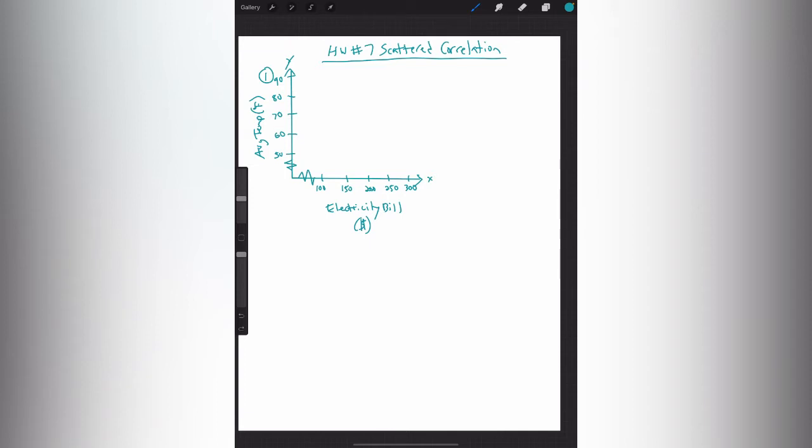So let's see here. The average temperature in January was 61 degrees. So I'm going to go up to 61, and then I'm going to go to the right to 150. All right, so I think it's about there. Looks about good. When it is 58 degrees, I'm going to estimate about 58, go to 139, maybe about there.